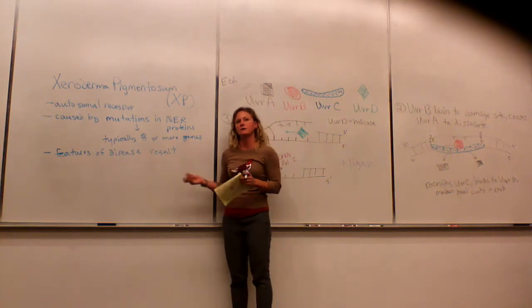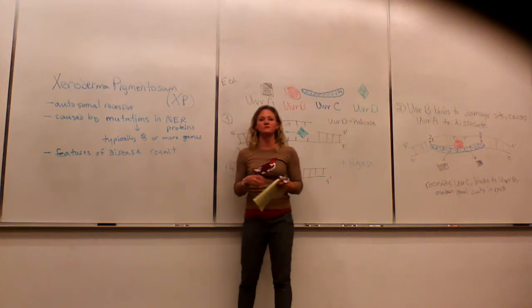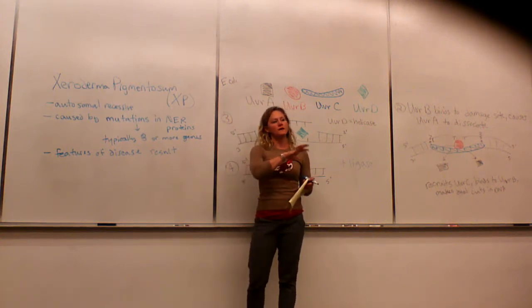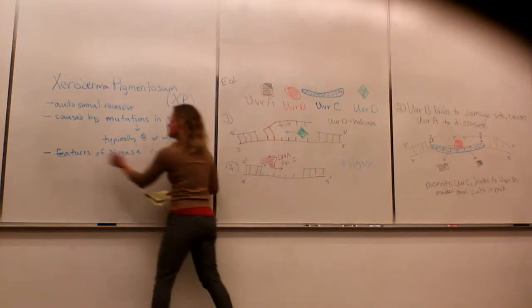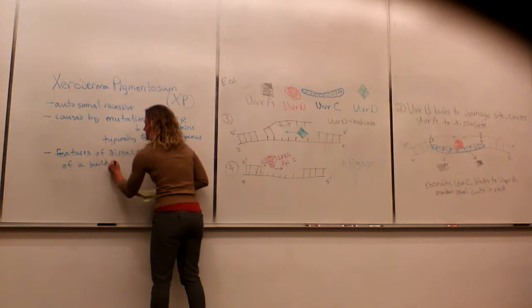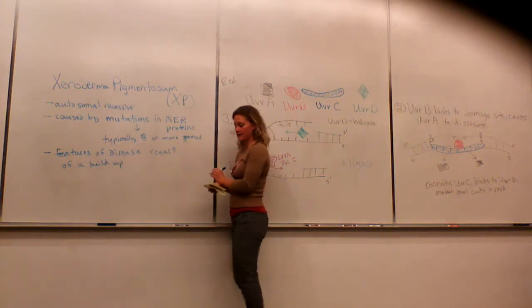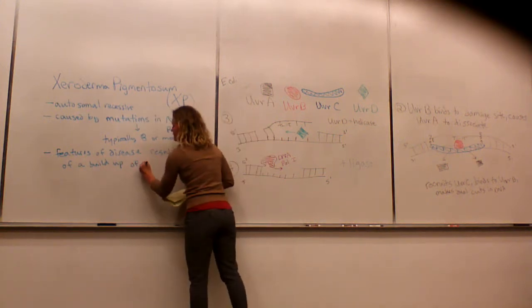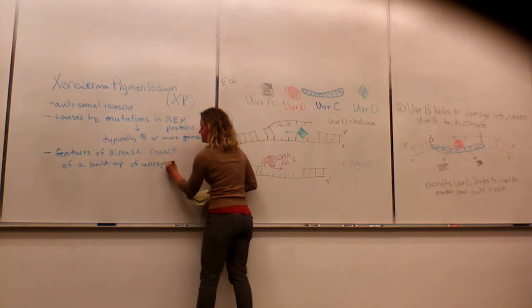Because if your repair proteins are damaged themselves, if they're mutated themselves, they can't fix DNA damage that's happening, okay? So this is a result of a buildup over time of unrepaired or damaged DNA.